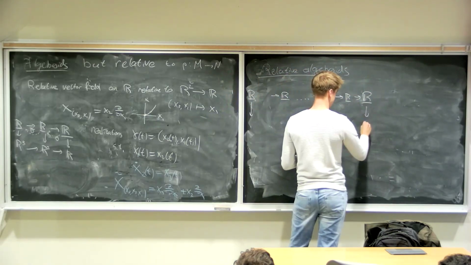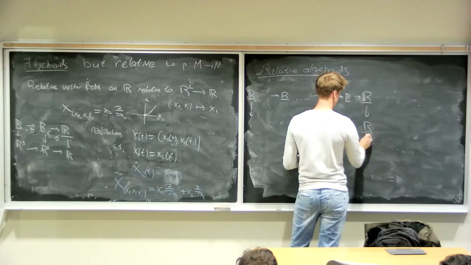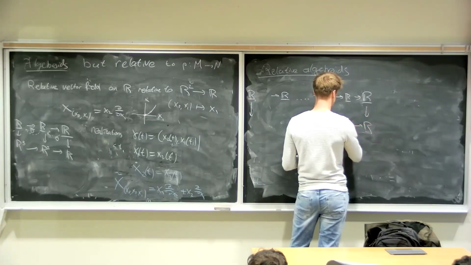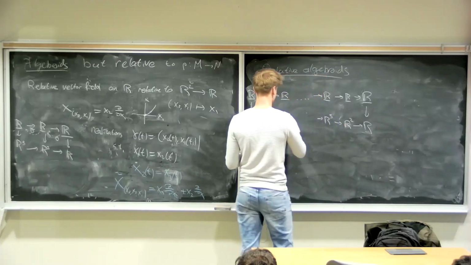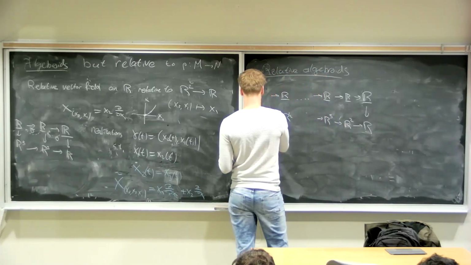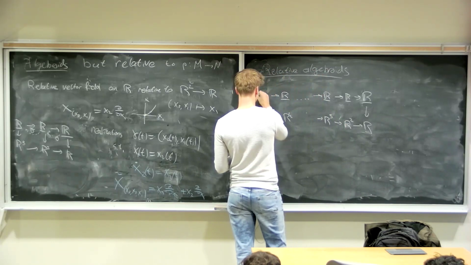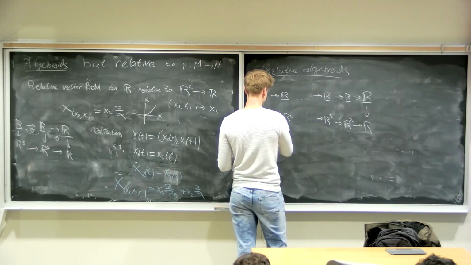Let's just write down the tower. So this is over R, this over R2, R3, and this is over Rk. This will be over R infinity, the space of all sequences.